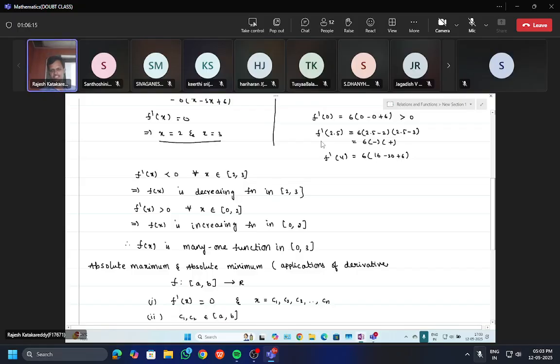See this: increasing, decreasing, absolute maxima and absolute minima. Applications of derivatives, NCERT concept only. Not difficult at all.